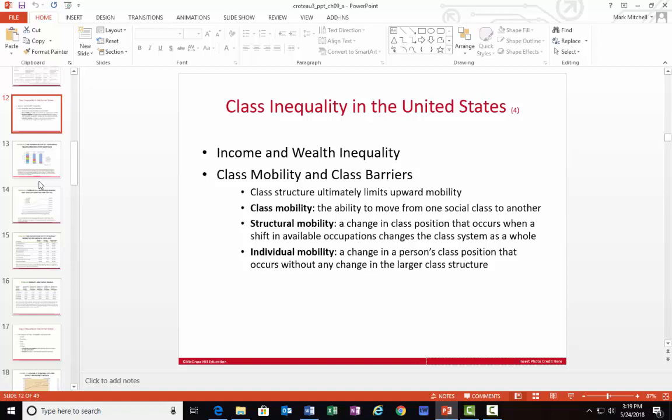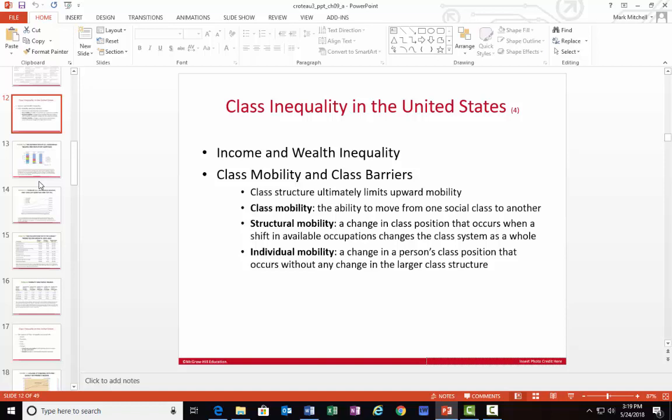Was that just that all those people were terrible and couldn't hold a job? No, there were bigger factors at play as to why so many people were unemployed. Individual mobility does not take into account the structural changes that may affect how people are able to obtain a job or a career.